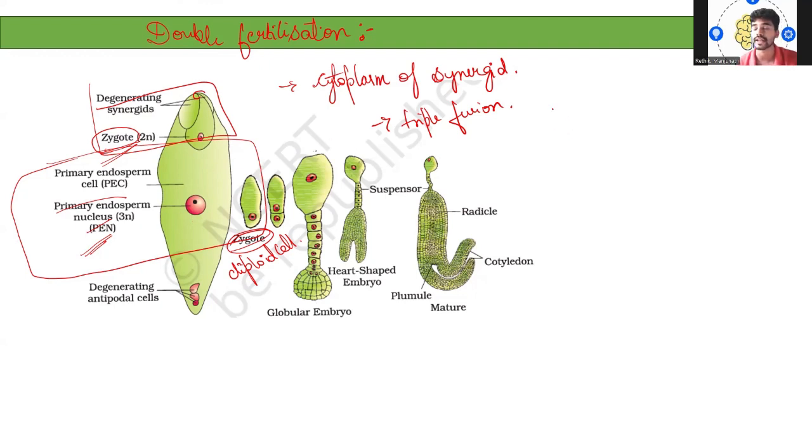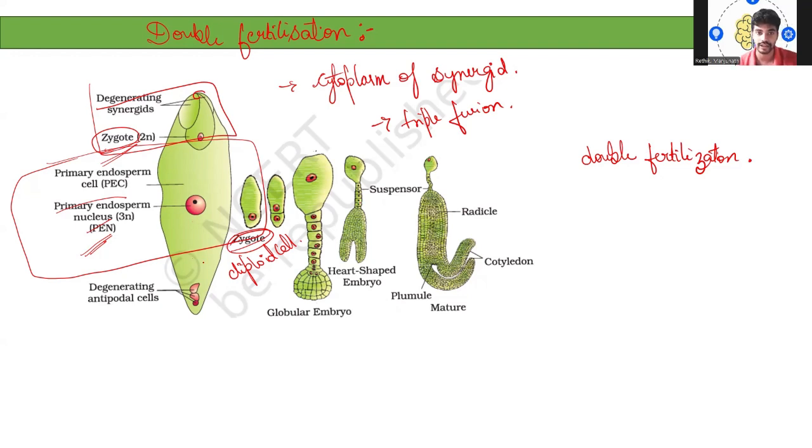Hence, how many fertilizations are we seeing? Two fertilizations. Hence, it is called double fertilization. So, clear about what exactly is meant by double fertilization, right? As a result, the PEN develops into the endosperm, while the zygote develops into the embryo.